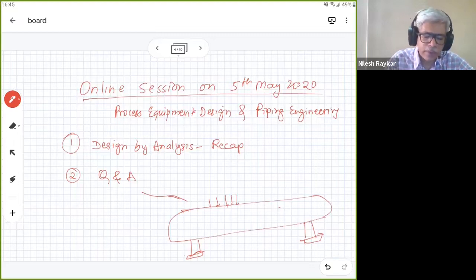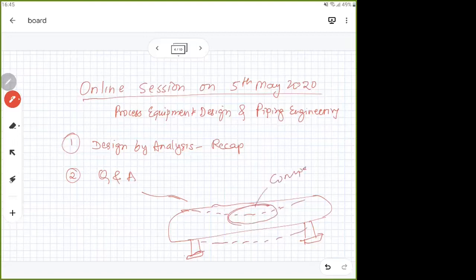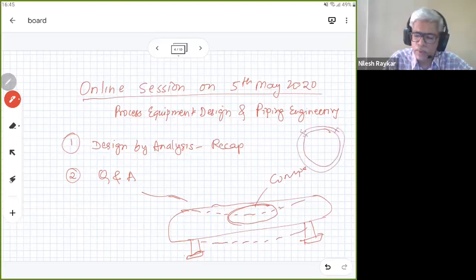Here what we are discussing is that because of its self weight, it will deform, exaggerated in this sense, and the top portion here is subjected to compressive stresses. So the top wall, if you look at the entire circumference, the significant part of the material above the neutral axis would be under high compressive stresses, and this particular part will buckle.